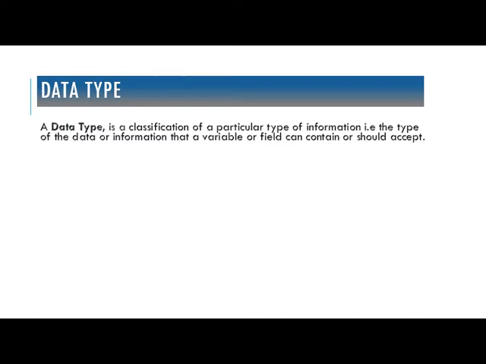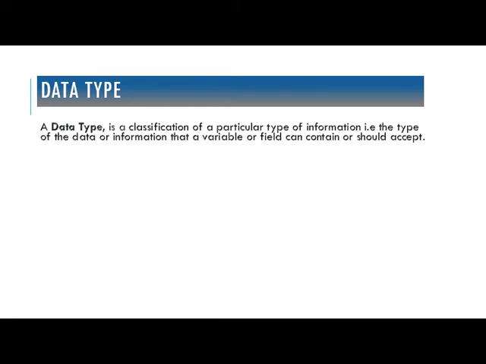When I have a variable in my program, or certain fields in my application, what kind of value should this field allow, or this variable accept? Should it accept all values, or only a particular value?